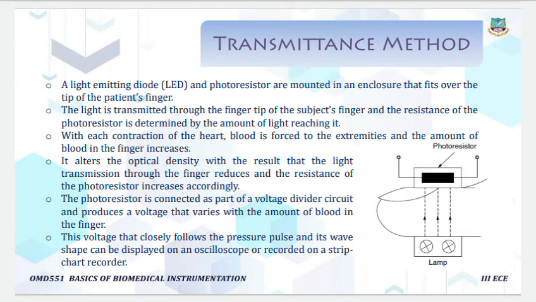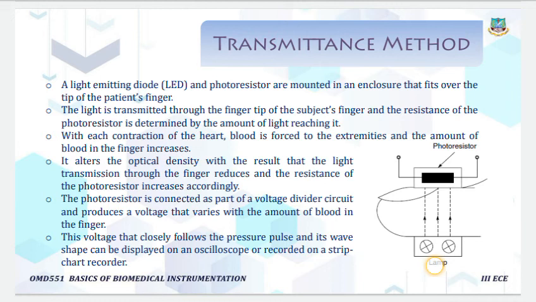So there will be a change in density. It alters the optical density, with the result that the light transmission through the finger reduces and the resistance of the photoresistor increases accordingly.